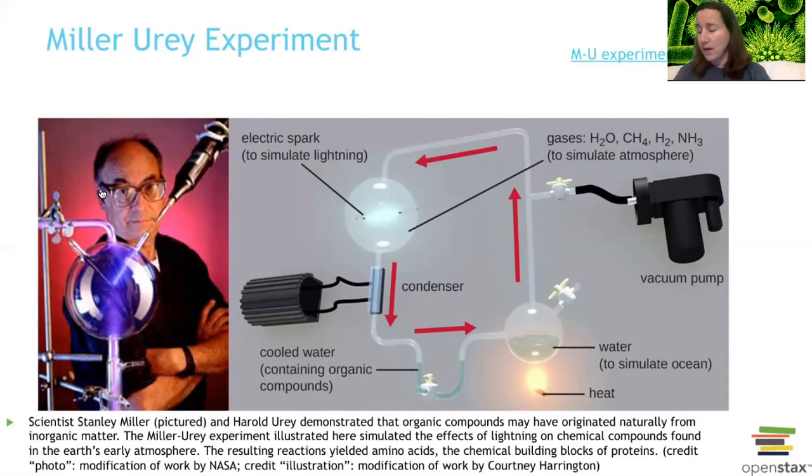So he has electricity involved in this experiment, and he heated up the ocean water, because there were volcanoes happening and they were spewing noxious chemicals out there. So we're recreating all of these events: volcanoes, poisonous gas, ocean water, and lightning, and we're putting it all in this experiment for Miller-Urey. And they heat up the ocean water, and we're going to set it to steaming and put that ocean water vapor up into the atmosphere.